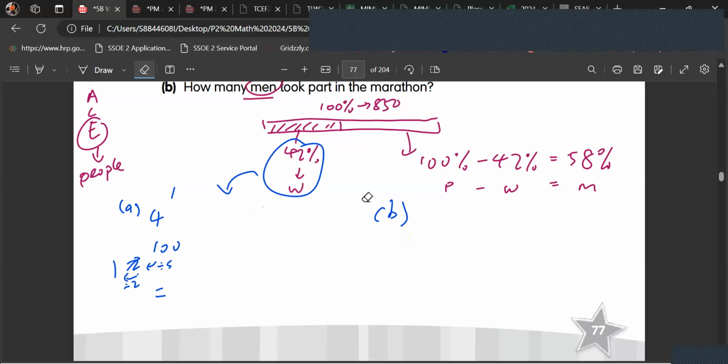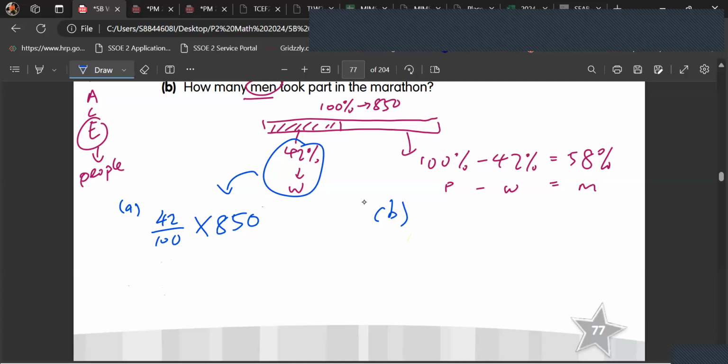But this is really revising how to do fraction times whole number. That was term 2. That's why those of us who really practice this at home do well. So you have 42 out of 100 multiplied by 850. I simplify by first dividing by 10.